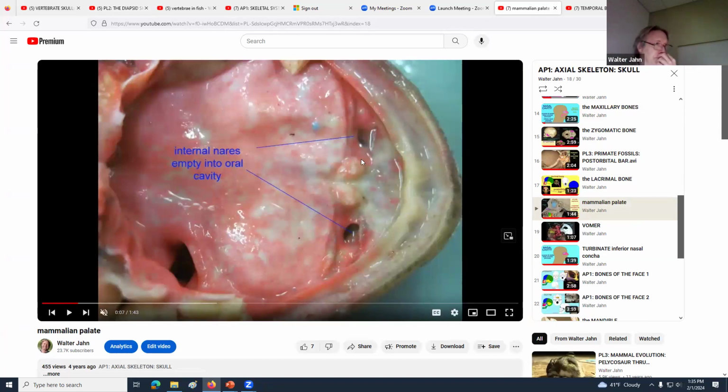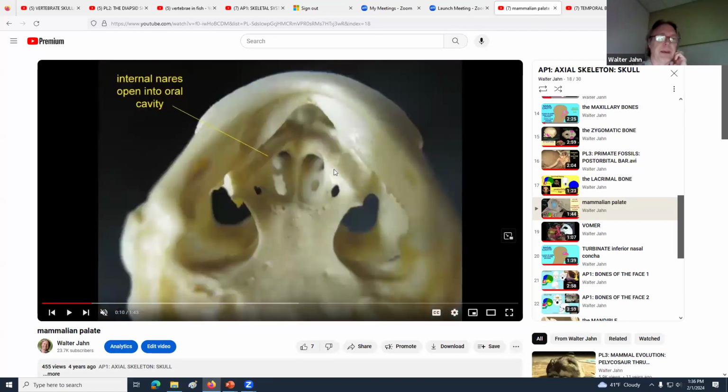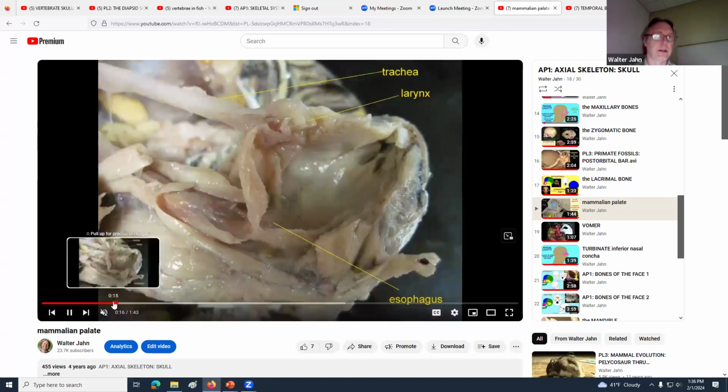They come out here. So what does that mean? What space is that? Is it the mouth or the nose? The answer is it's both. The mouth empties into the space, and here are the internal nostrils. They empty into the space. So inside, frogs don't have a mouth and a nose. They just have one space. Same thing, the internal nostrils of the turtle, they come in here. They just have this one space.